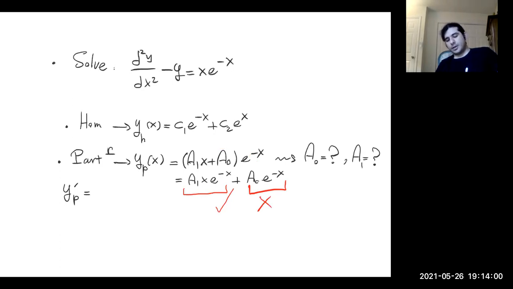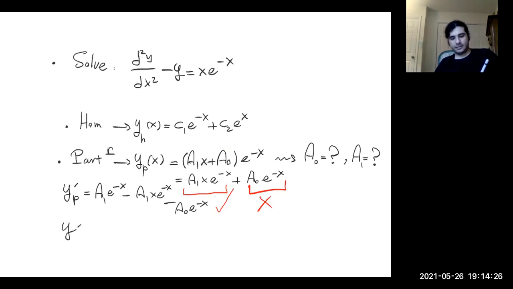But anyway, let's take the derivative. We would get a1 e to the minus x minus a1 x e to the minus x minus a naught e to the minus x. That would be the derivative of this thing. And now we should take the second derivative.